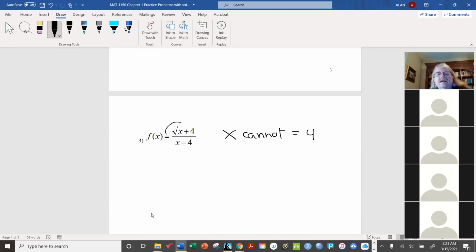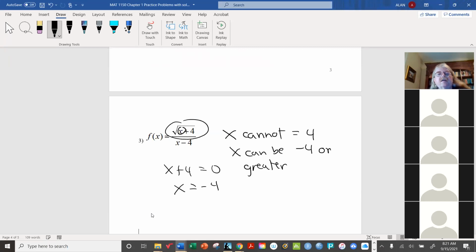But what about here? If I were to set x plus 4 equal to 0, I would get x equals -4. So what that means is that x can be -4 or greater. Because if I put a number in here of -4, we're fine, with the square root of 0.